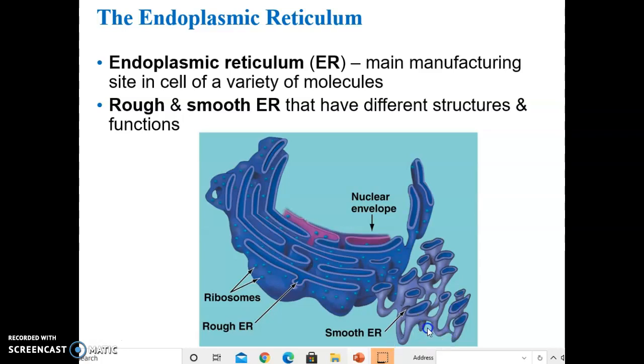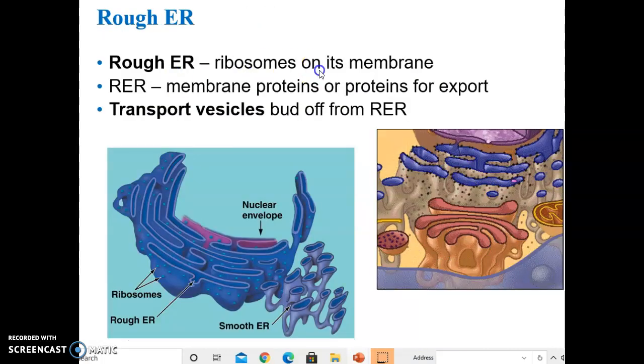It is involved mostly in making lipids and breaking down, detoxifying toxins or poisons that might enter into the cell. Okay? So rough ER, ribosomes on the surface, that means protein synthesis.